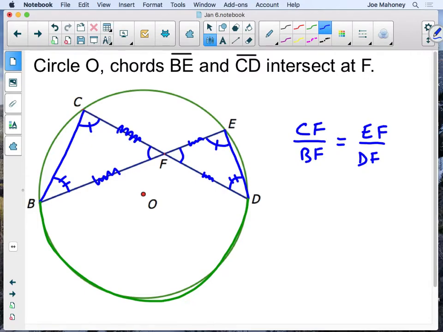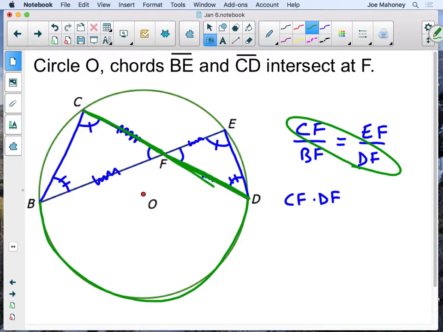But notice what would happen if we cross-multiplied. If we multiply those 2 together, CF times DF. Look in the diagram where that is. Here's CF, and here's DF. What we're doing is we're multiplying together the 2 parts of the chord.